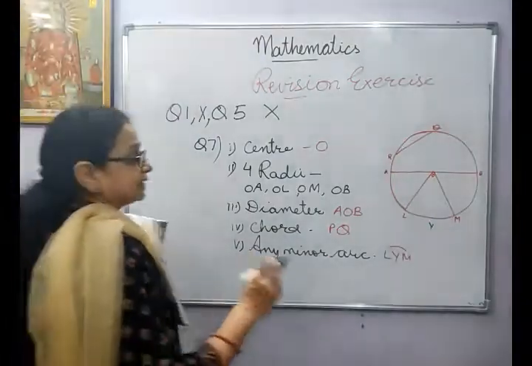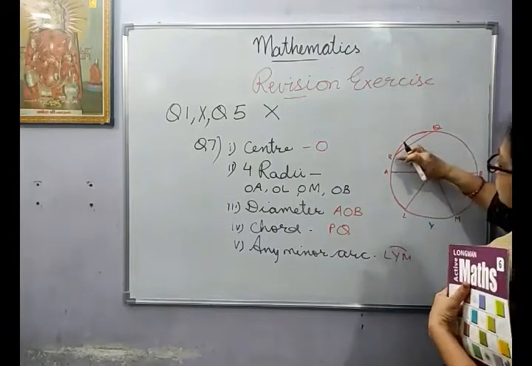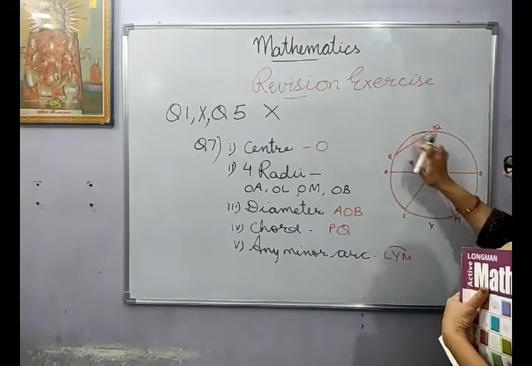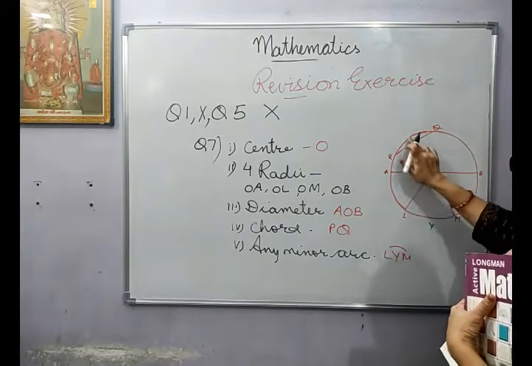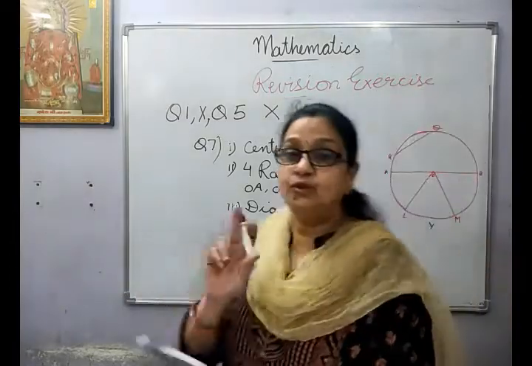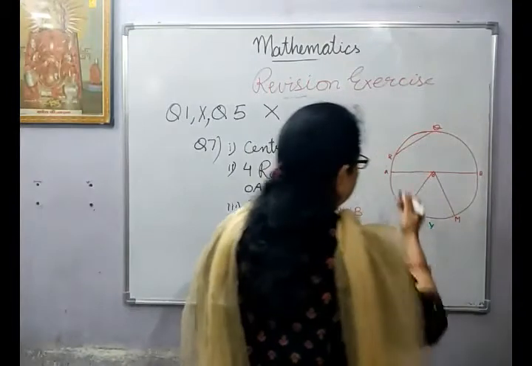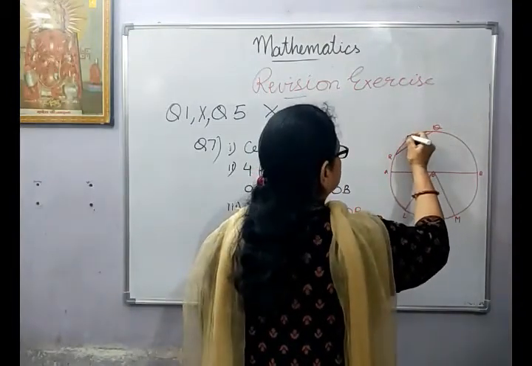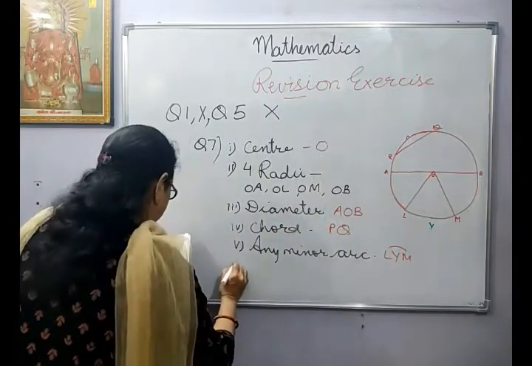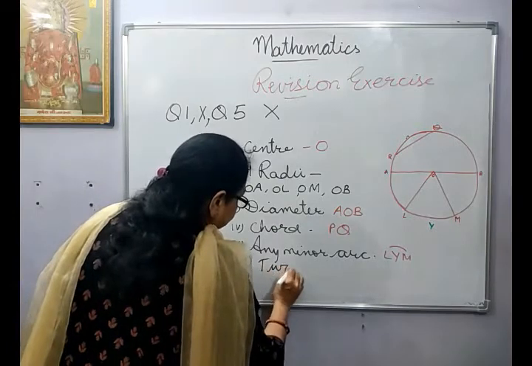Then the next one, the two segments. See children, segment means the area enclosed by the arc and its corresponding chord. So this is one segment, which is the minor segment, and the rest is the major segment. They have only asked for the two segments, not major and minor. Suppose we assume X over here to make it more clear.